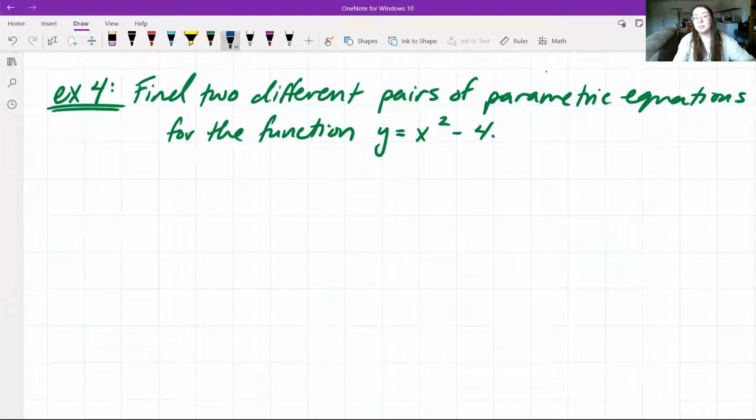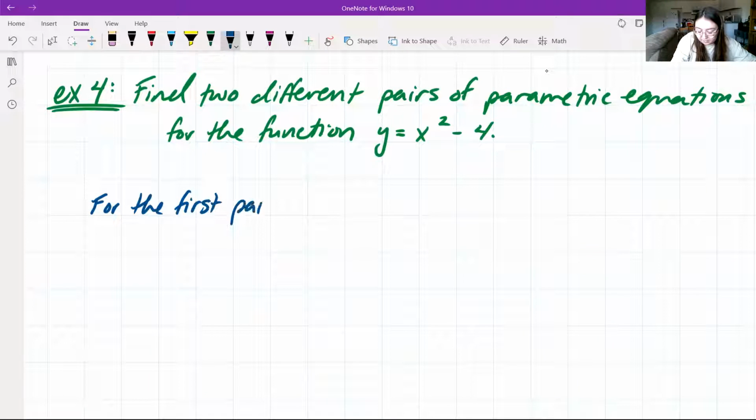The easiest example in this case is a direct correlation. We can just let x equal t. So for the first pair, we can just let x be equal to t.